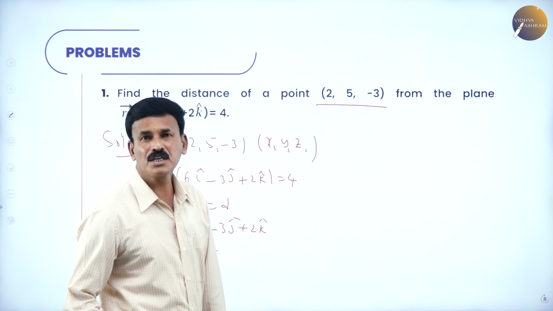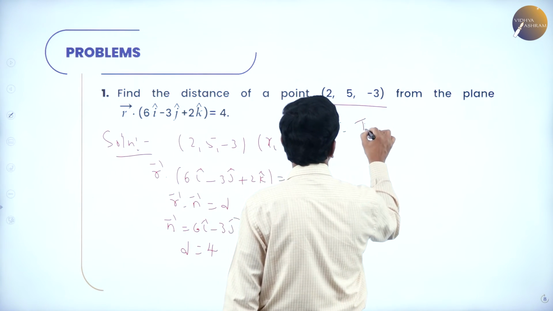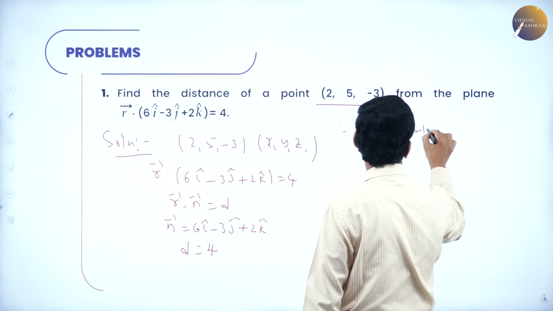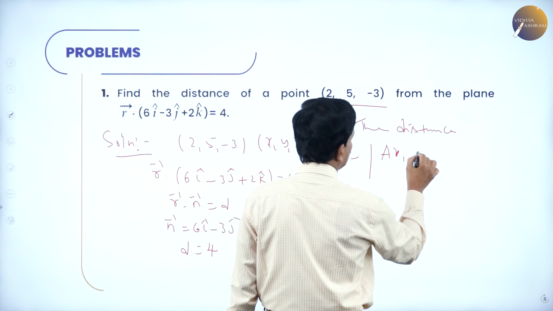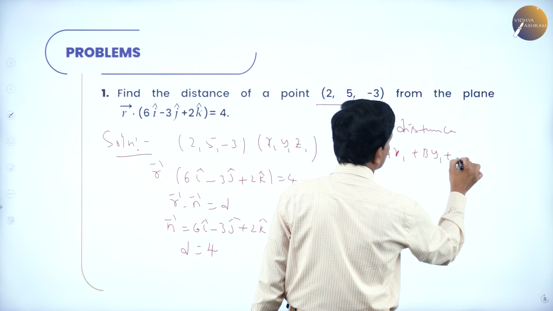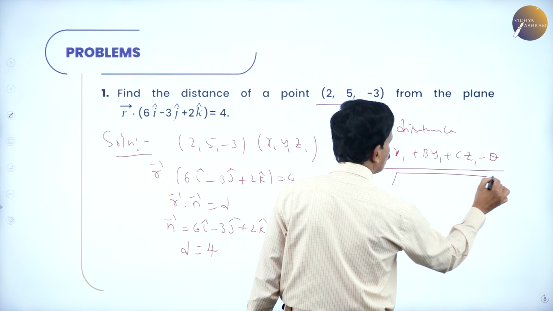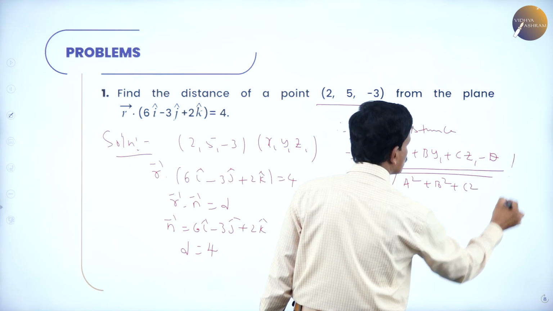Now what is the formula to find the distance? Therefore the distance is given by modulus of ax1 plus by1 plus cz1 minus d divided by root of a square plus b square plus c square.